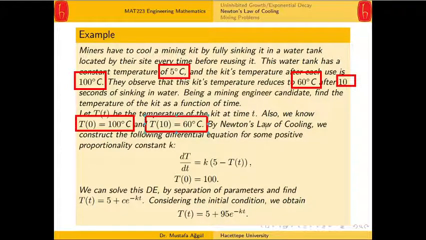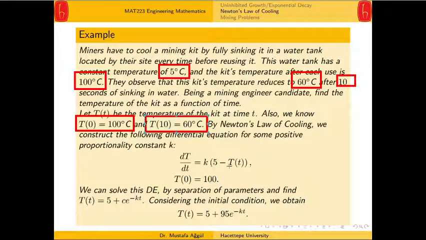By Newton's law of cooling, we construct the following differential equation. dT/dt is equal to k times the temperature of the surrounding environment minus the temperature of the kit. In this case the surrounding environment is the water in the tank, so it is 5 degrees Celsius.